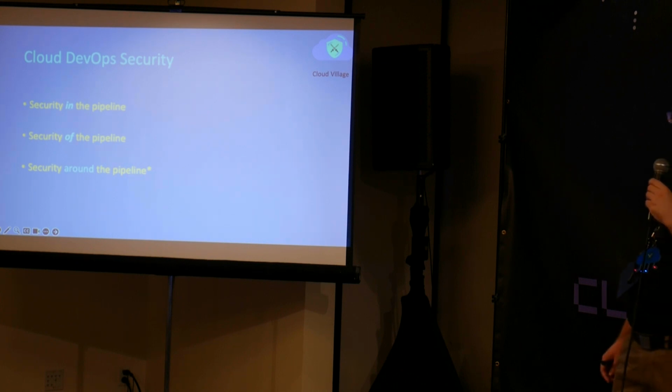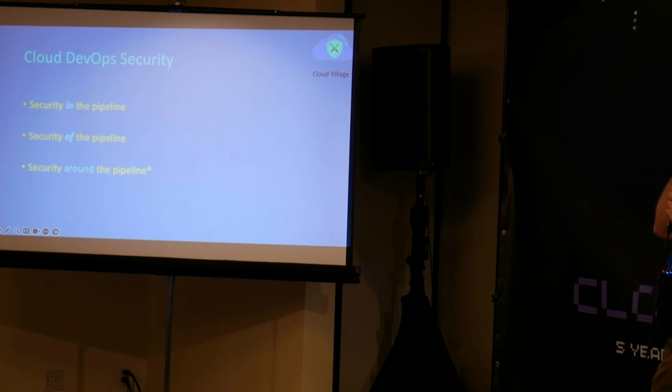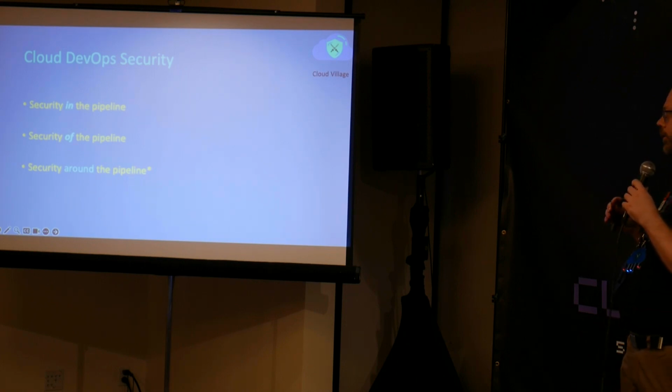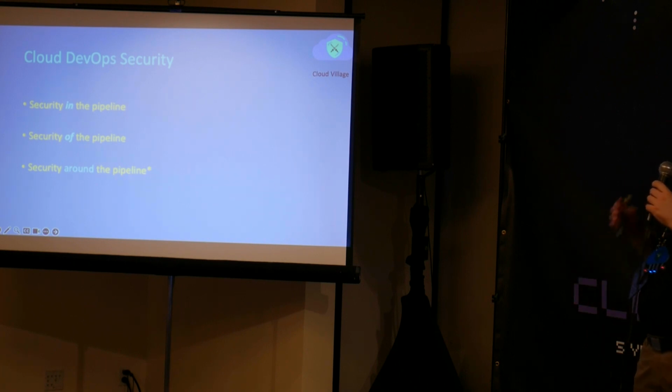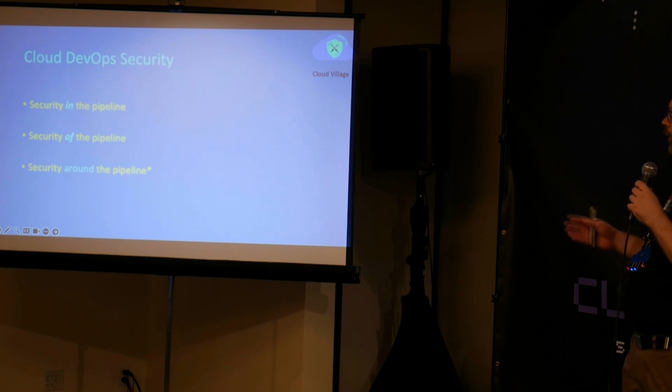While security of the pipeline is about securing the pipeline itself, so you make sure that there is no publicly available repository, or that not everyone can read the secrets and these kinds of things. And recently I saw the last one, which is security around the pipeline. So basically everything that's connected and outside of the pipeline will fall under this category. So for example, if you deploy your web application into Azure Cloud, then it will fall into this category.